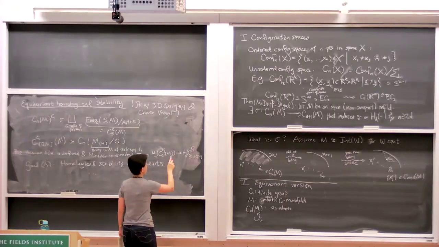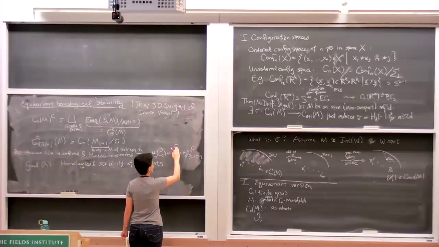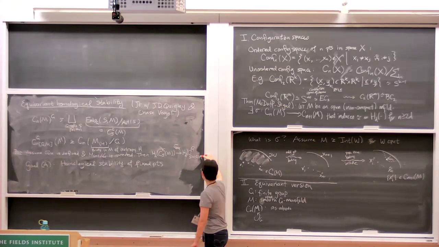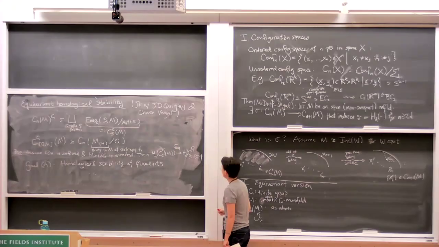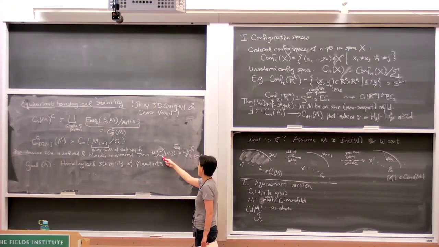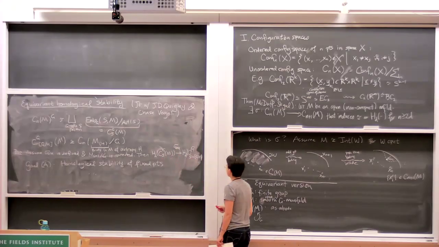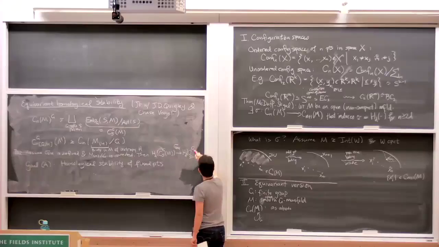If I apply sigma G mod H, then I've added a G mod H orbit. Oh, sorry, I don't want to count them, I want to add that orbit. So I've gone from a G set of type S to a G set of type S plus G mod H.